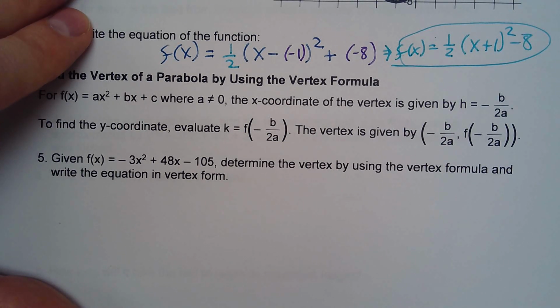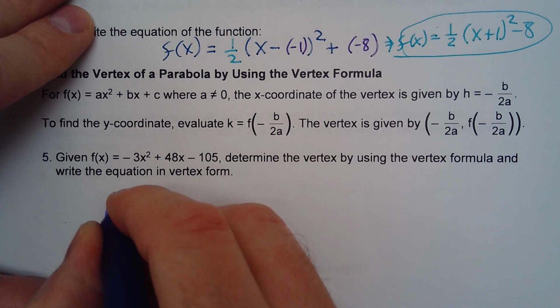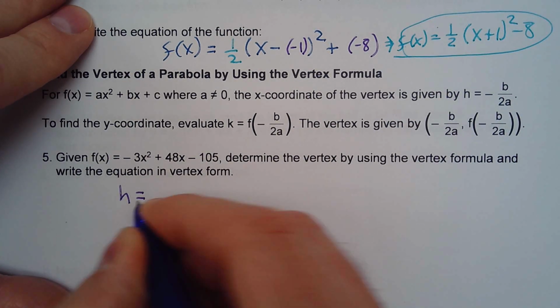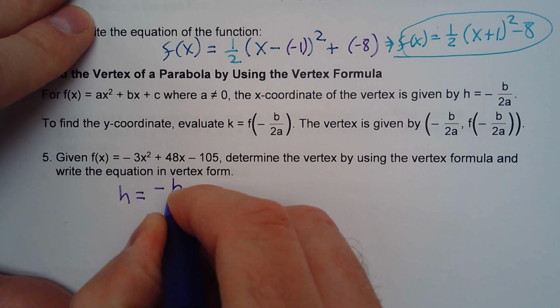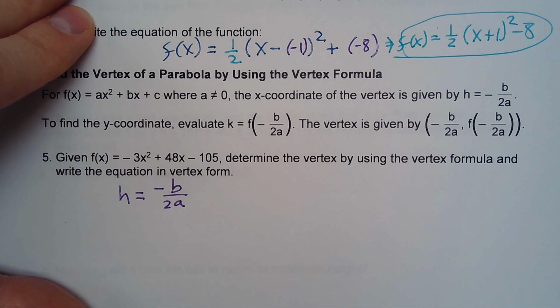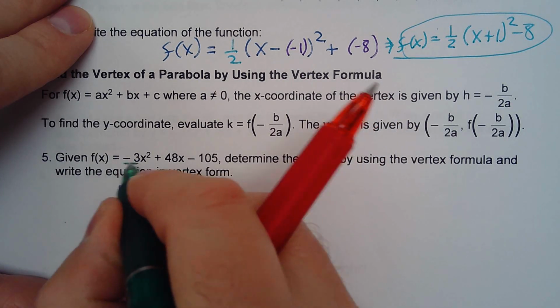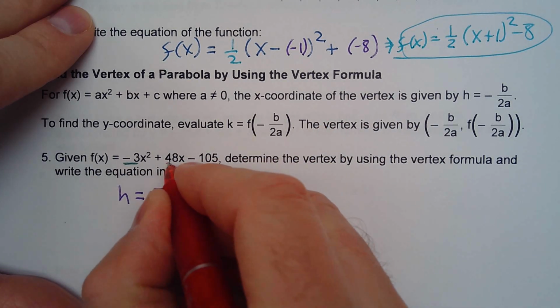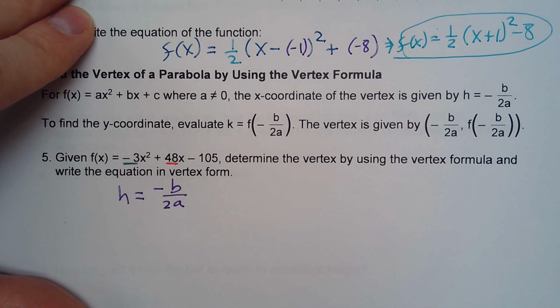So the first thing I do is I'm going to whip out my vertex formula. And here, my a value is negative 3. My b value is 48. So I'm going to plug that in.